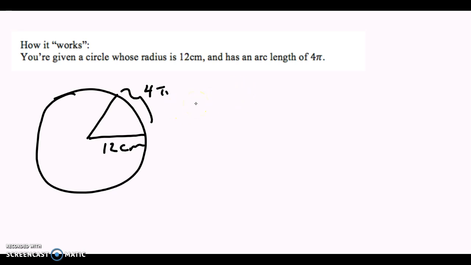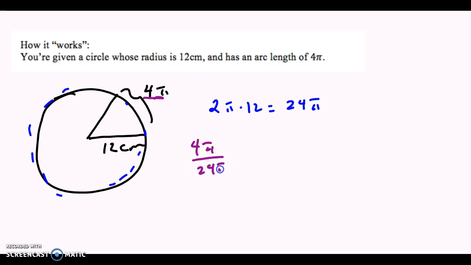I know that the entire circle, all the way around, is 2 pi r. 2 pi times 12 gives me 24 pi. But I only have 4 pi. So how much is 4 pi out of 24 pi? That's going to be 1/6. So I have 1/6 of the circle total.